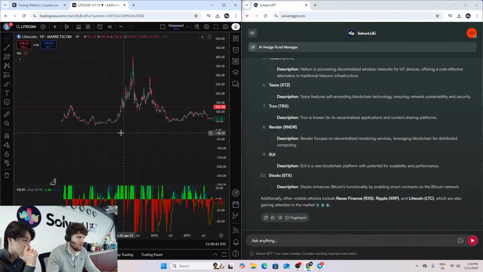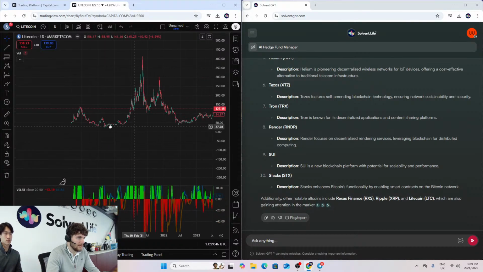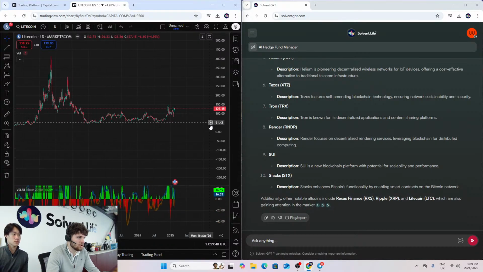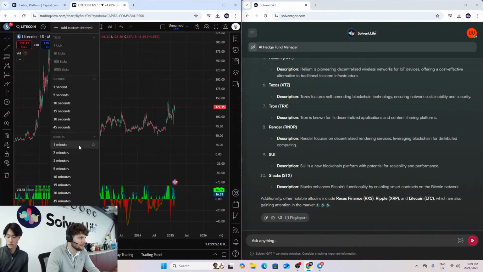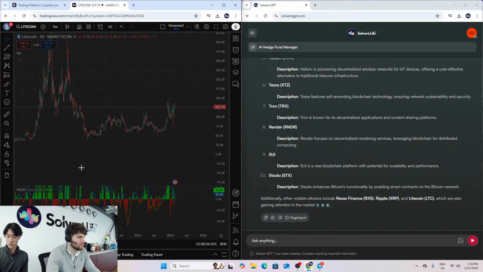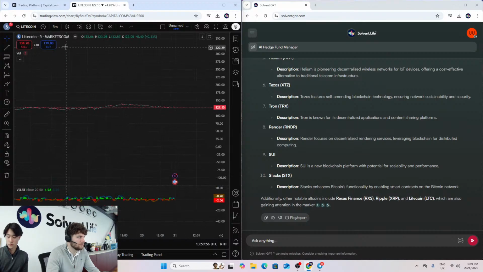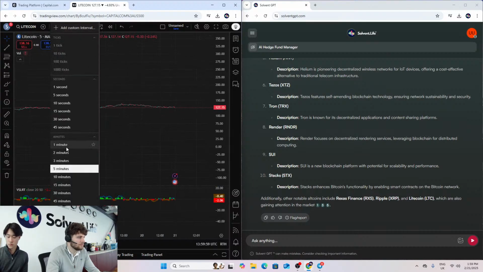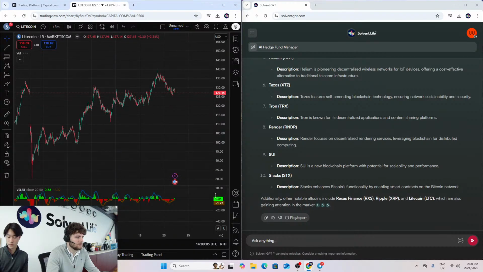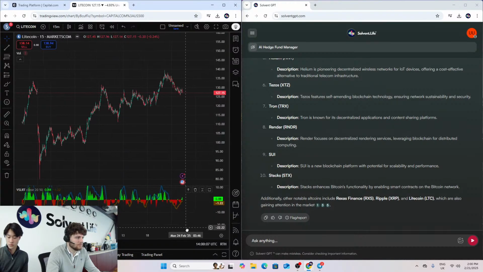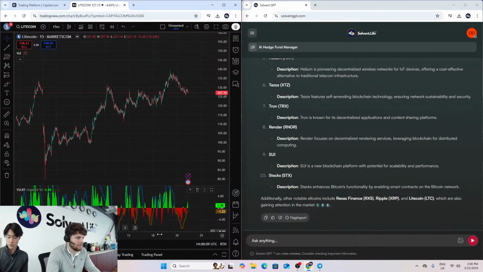So yeah, a shadow of what they used to perform at, but definitely moving strong compared to their yearly performance. And not a lot of momentum.